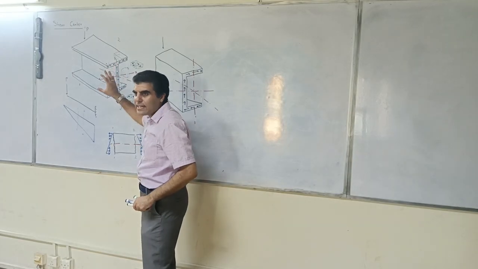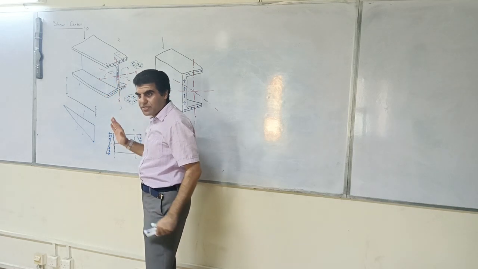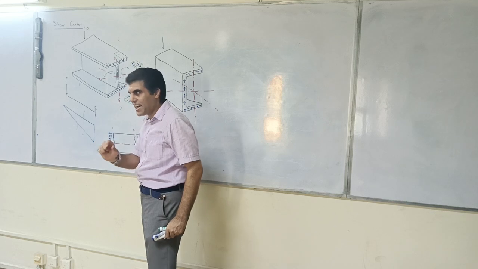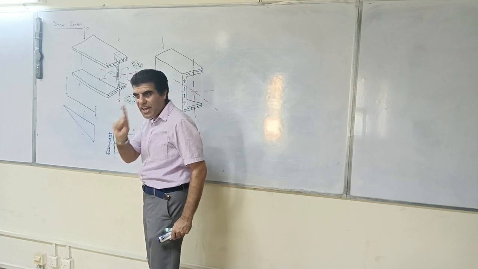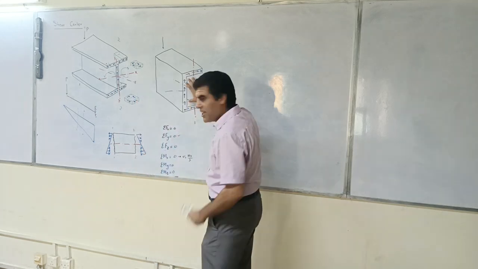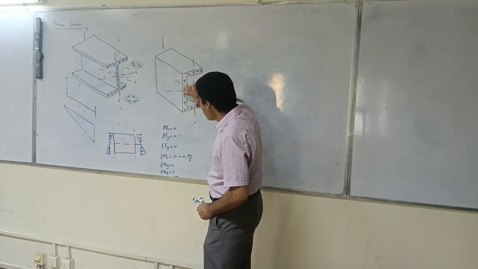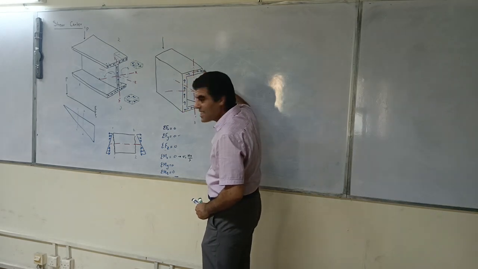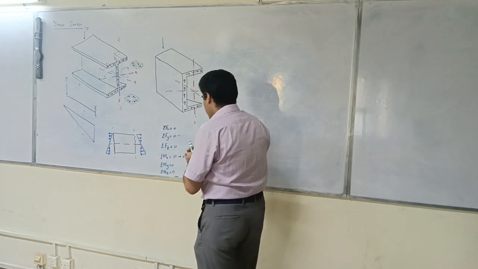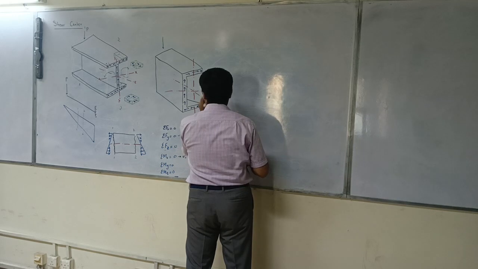This is due to the fact that the I section is symmetrical in both the directions. But if you don't have symmetry in any of the directions, if you have symmetry only in one direction, then this won't be satisfied. As you can see in this channel section. In the channel section again you have this moment which is in this direction and in that direction, and that is causing moment about the z-axis, which is this one.